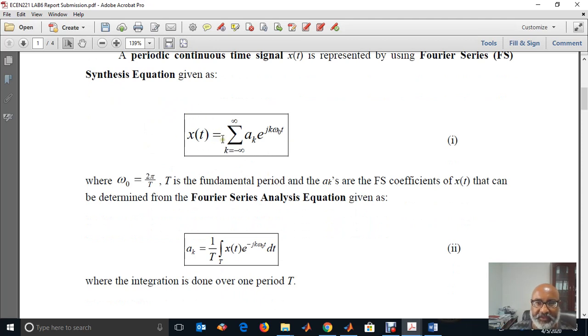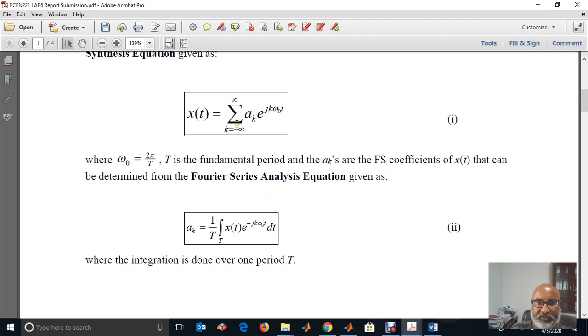Using this, x(t) is equal to the summation from k equals minus infinity to infinity of a_k e to the power of jk omega naught t, where omega naught is 2 pi over the fundamental period T. This is called the synthesis equation because we are going from frequency domain to time domain, building the signal x(t) from its Fourier series coefficients.